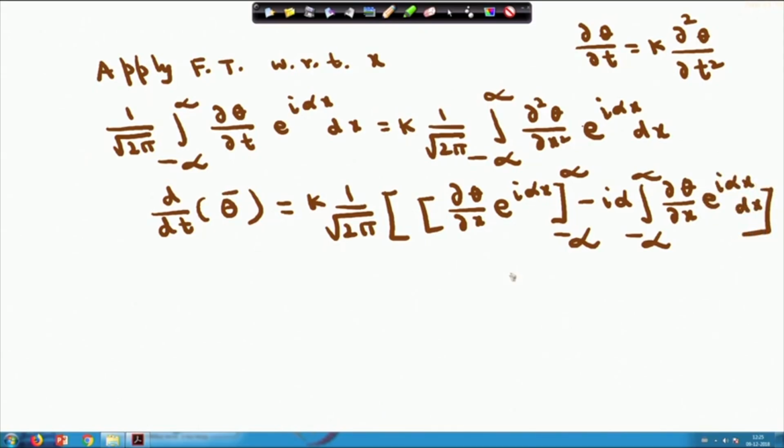Now, please note that ∂θ/∂x approaches 0 as x approaches infinity, it is given.